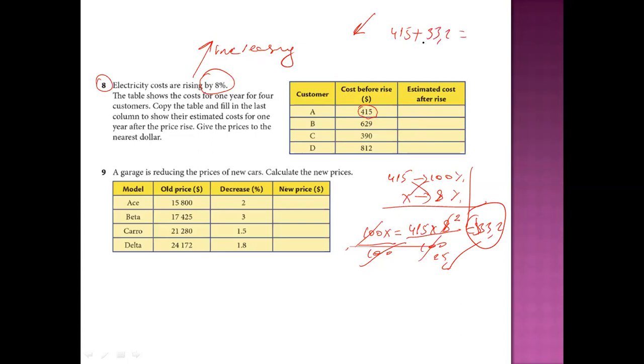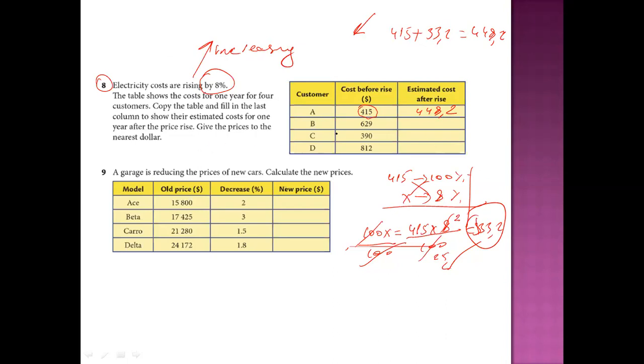What is the new value? It is $448.2. Okay, I'm writing here 448.2. It's after 1 year, and it's rising by 8%, is equal to 33.2, and the total is 448.2.